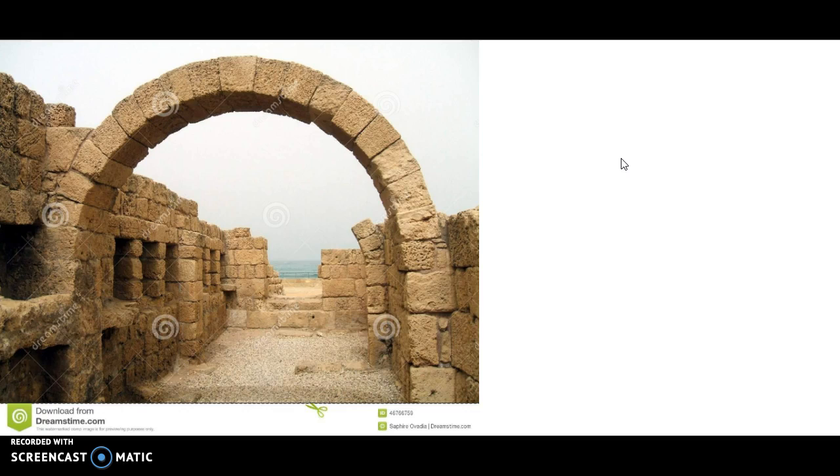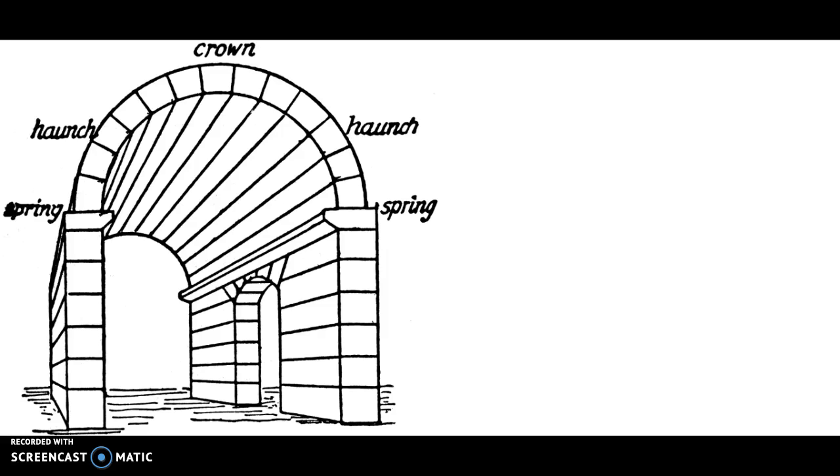But the Greeks did not develop this kind of element, which is called the arch. Only the Romans started to use the arch in Western cultures. Greeks never used the arch. Another kind of element is what we call the vault.